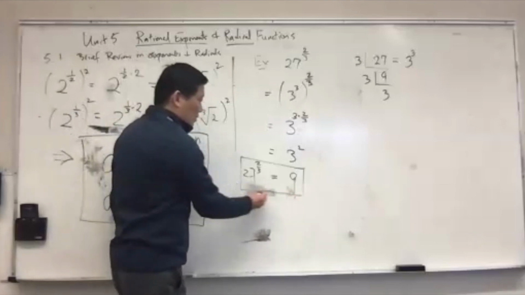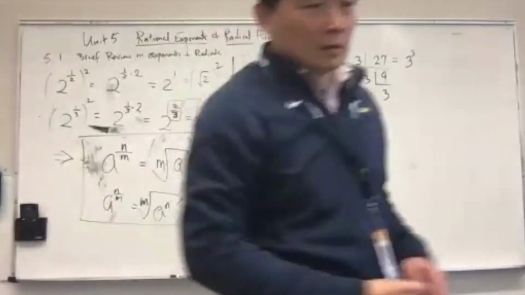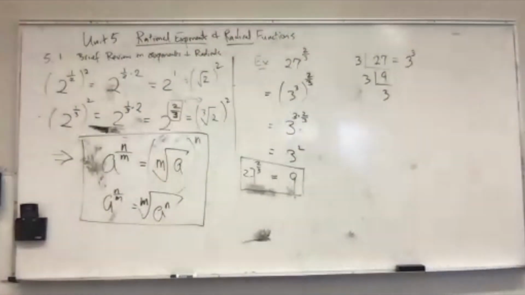Yeah. Would you have done it, you know how you split the 3s into 3? Well, when you figured out that 27 is 3 to the power of 3, which is 3 squared and 3, then you already found your answer.